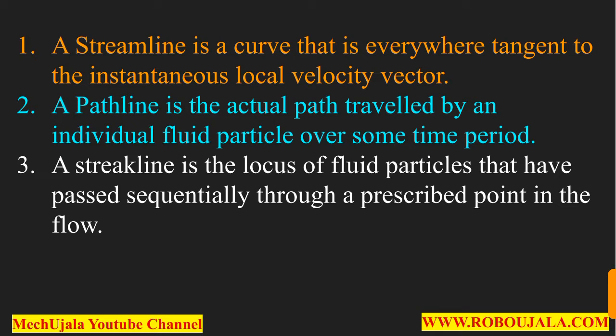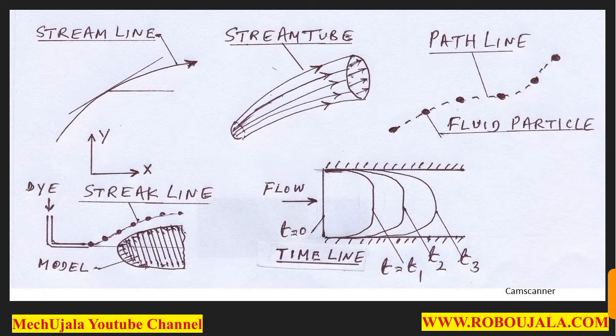As you can see here, this one is a streamline, and we can make a stream tube with the help of the streamlines of each particle. And this one is the actual path followed by an individual particle of the fluid.